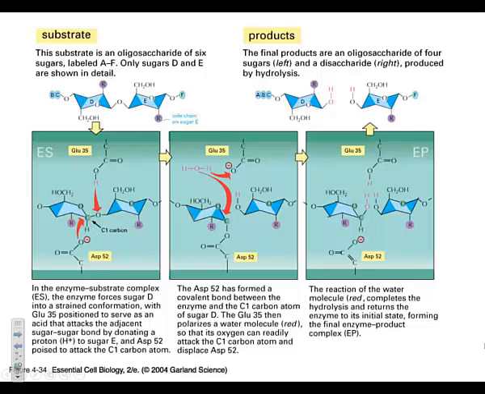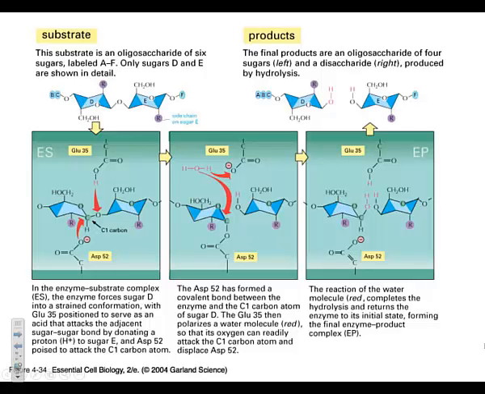Okay, and this would happen at a very, very slow rate if the carbohydrate was just sitting in the cytosol, where there's plenty of water available, but it wouldn't be in that proximity to other amino acids, such that the initial step of creating a new covalent bond between the C1 carbon and the oxygen of the next sugar would occur.